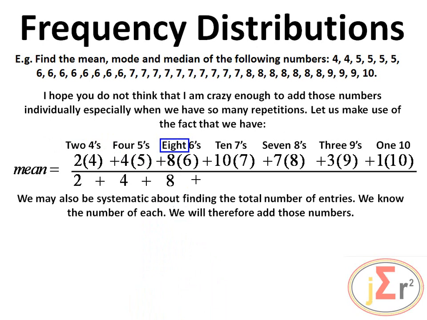The number of entries contributed by the 7s. How many 7s do we have? 10. The number of entries contributed by the 8s. How many 8s? 7. So we are going to be adding the number of each entries, and that will give us the total number of entries. And that makes a lot of sense, especially when the data set is very, very large.